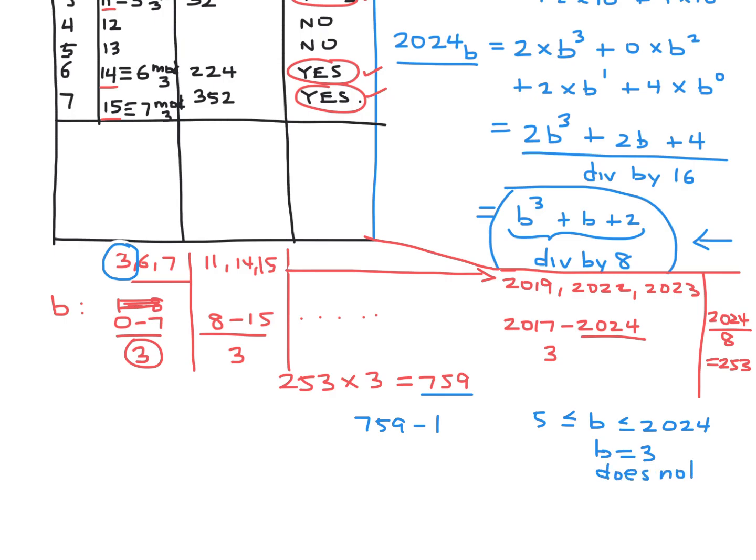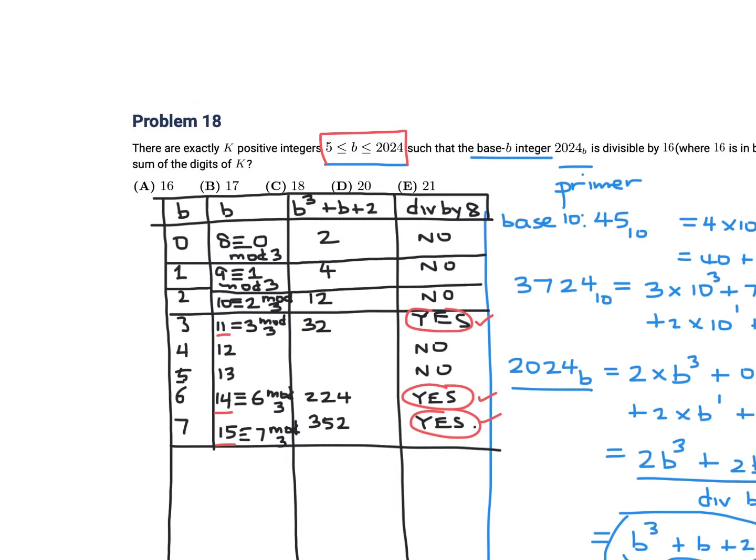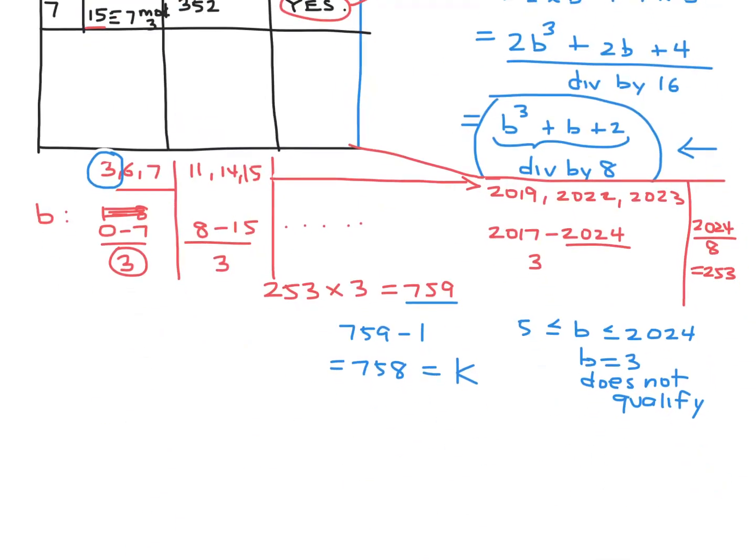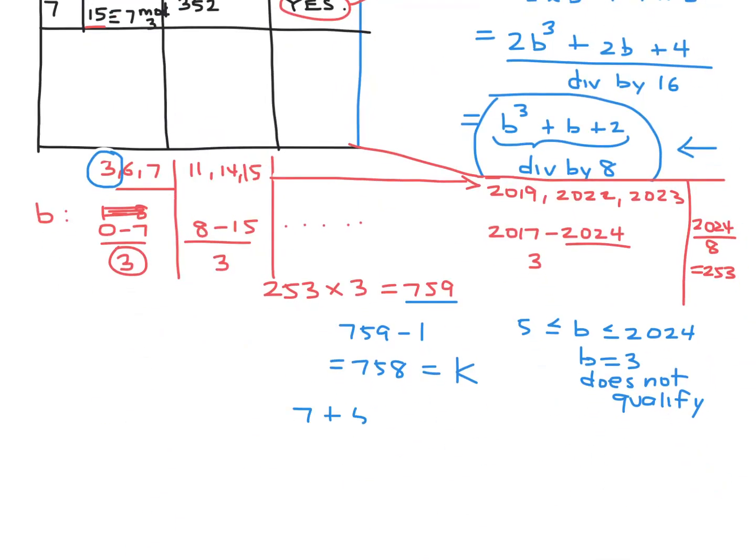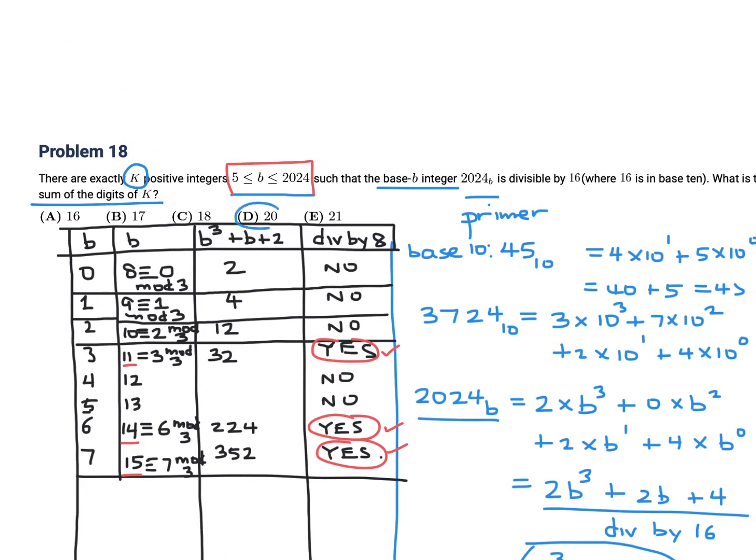This is not a long answer question, and you just have to find the answer and circle it, but I'm just saying for the sake of completion. So this becomes 758, and this is what is represented by that k they keep talking about. And then they want the sum of the digits of k. The sum of the digits would be 7 plus 5 plus 8, and that's 20. So 20 is the answer to a pretty challenging question, actually. D.